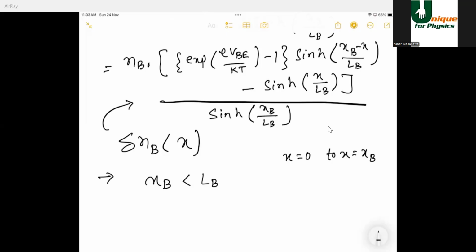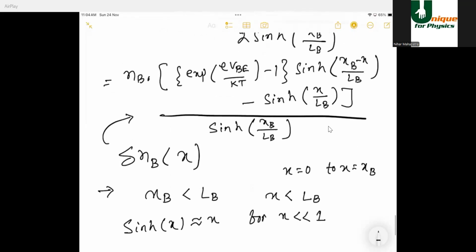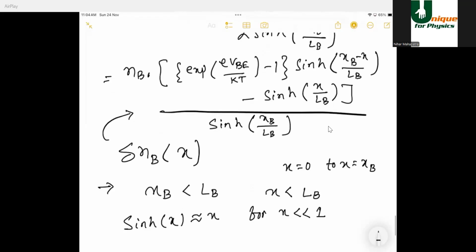So definitely if xb is less than Lb, then x will also be less than Lb. Using this approximation we can write sinh x is nearly equal to x for x very less than 1. So whenever we have a ratio like x by Lb or xb minus x by Lb, we can consider it to be very less than 1.